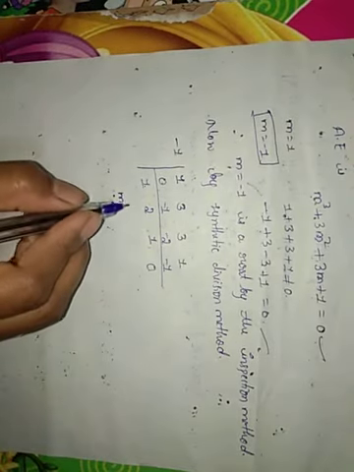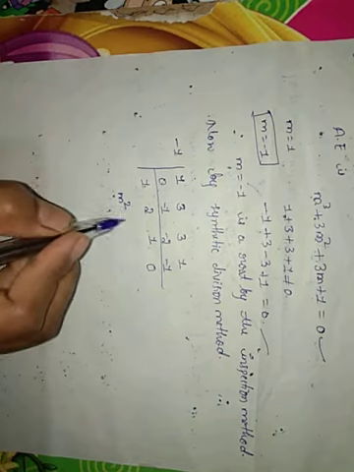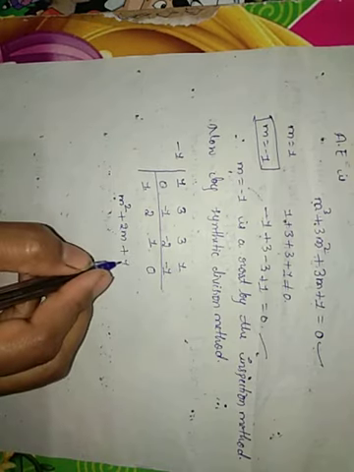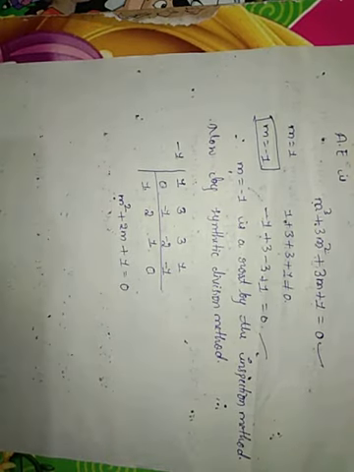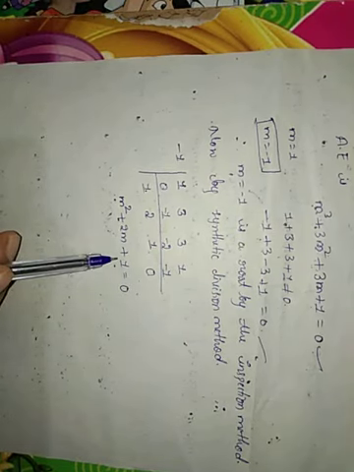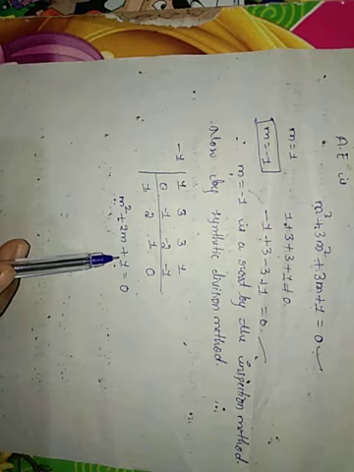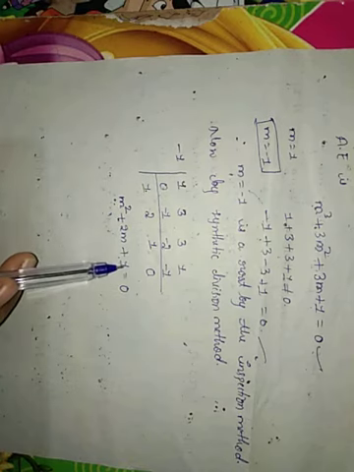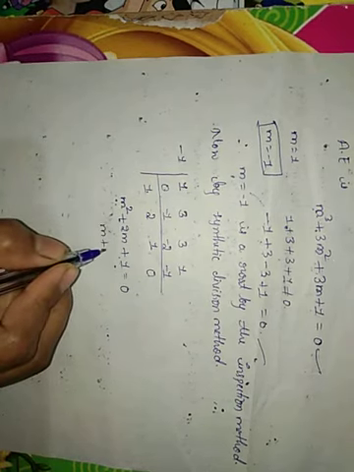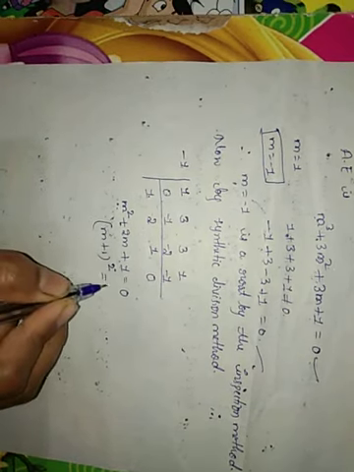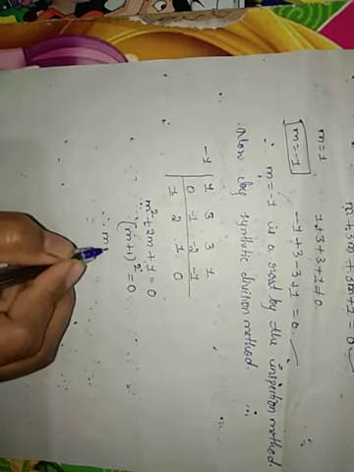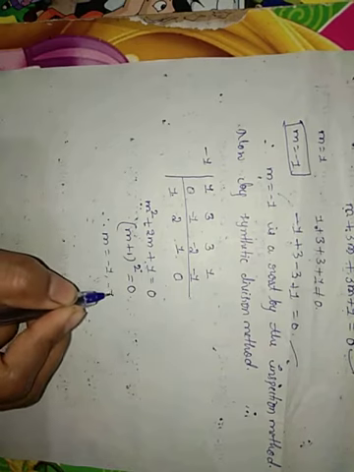So our equation now is m square plus 2m plus 1 equal to 0, with coefficient of m square 1, coefficient of m 2, and constant 1. Now we have to solve this quadratic equation. Directly we can obtain the roots here because it is in the a square plus b square plus 2ab form. That is, m plus 1 whole square is equal to 0. Therefore, m equal to minus 1, minus 1.